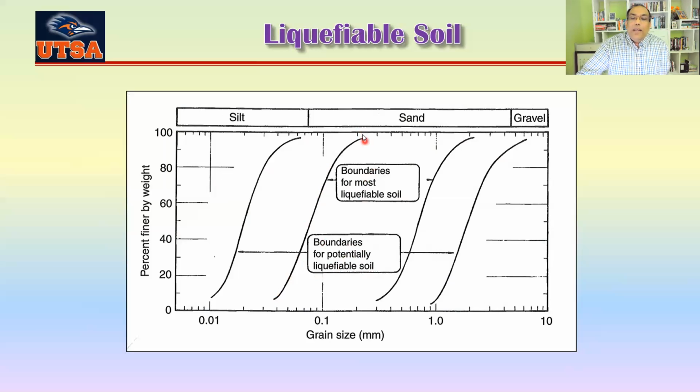If you take this point here, it is actually 0.2 for the grain size diameter, and the passing is, let's say, 95%. Similarly, you can draw that line for 50%, what is the grain size, and for 20%, what is the grain size.